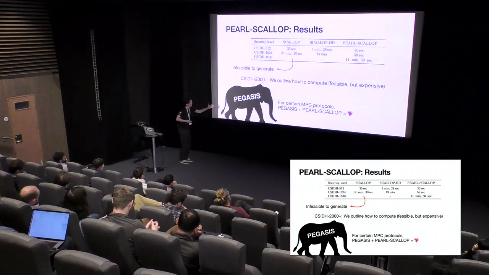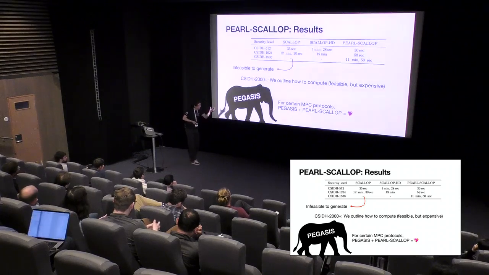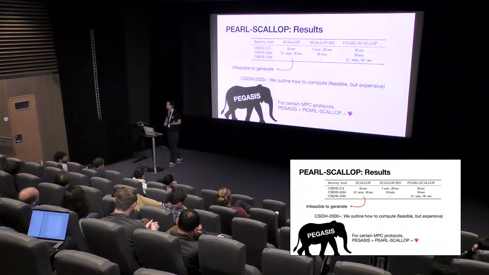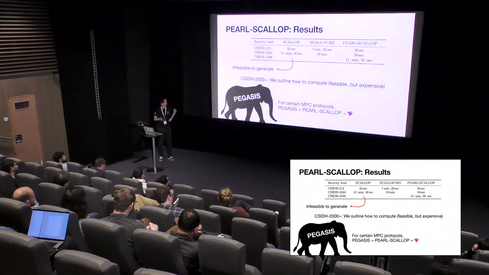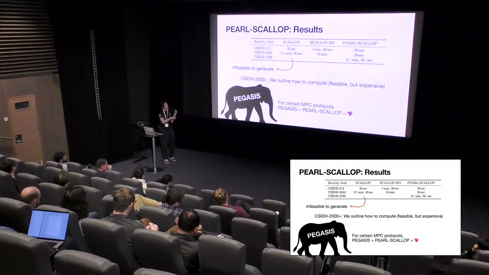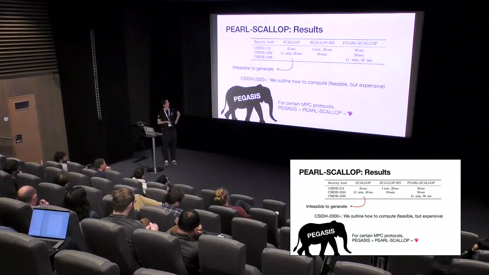And Pegasus works for general orientations, so indeed you can and should use Pegasus together with Pearl Scallop if you need this extra property, which you usually don't need, but for some protocols you certainly do. This is not part of our paper or anything. I just wanted to mention that it's possible to combine these two and meaningful in some cases as well.